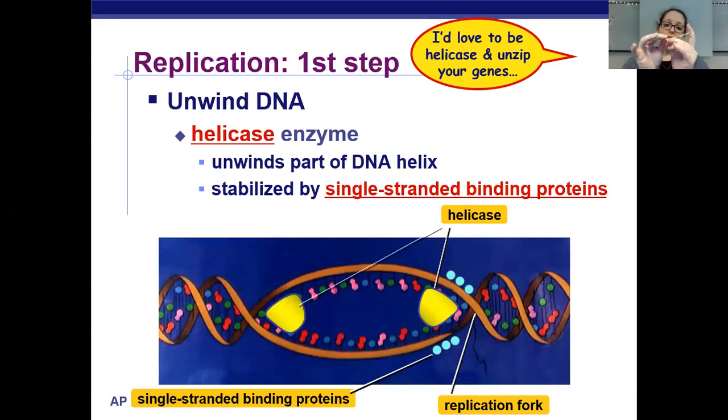But if I start somewhere in the middle of this rubber band and I start to pull it apart, what happens to the ends of my replication fork right here? That's right, they get super, super overwound and tight, and then you won't be able to open the DNA anymore. It's not good. We definitely don't want that to happen to our DNA as we're trying to replicate it.